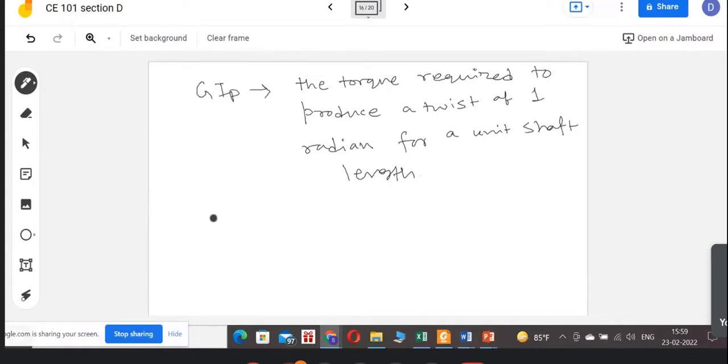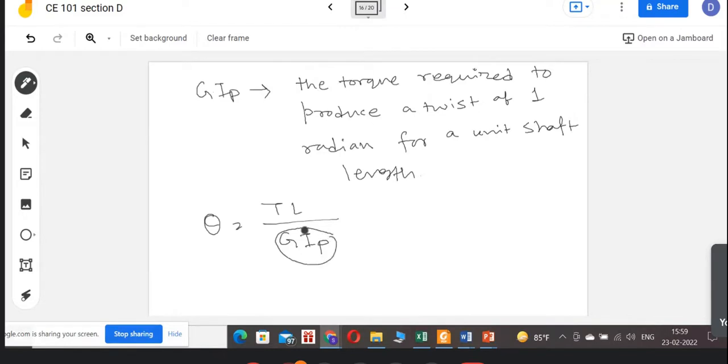How are we getting it? This is the expression we have used, T into L by G into IP. So this torsional rigidity also has a definition, that it is the torque required to produce a twist of 1 radian for a unit shaft length.